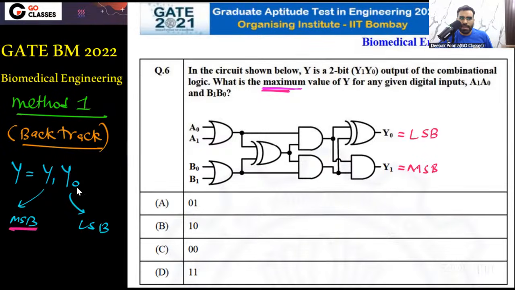Now notice, if I can make Y1 equal to 1, then definitely the maximum value of Y will be either 1 1 or 1 0. Do you agree with me? The idea is very simple.